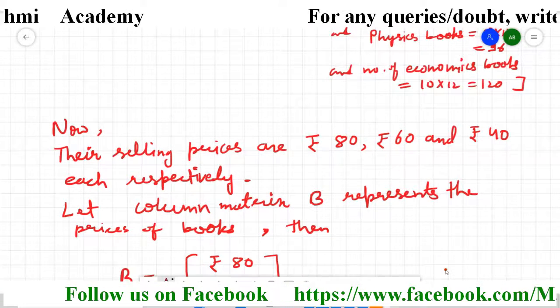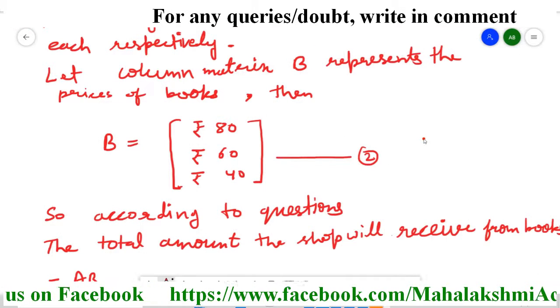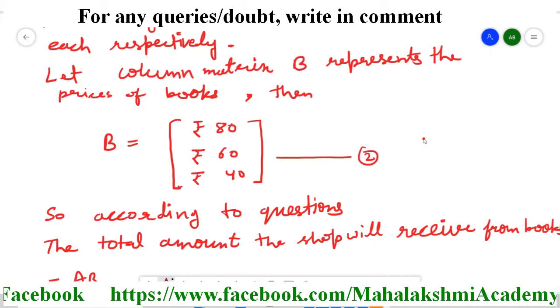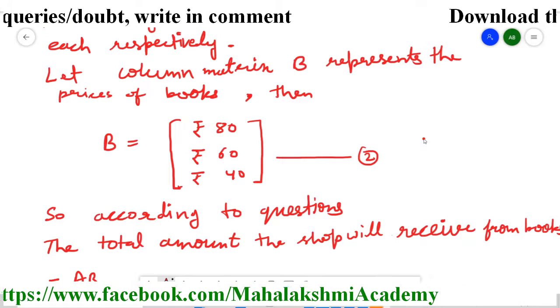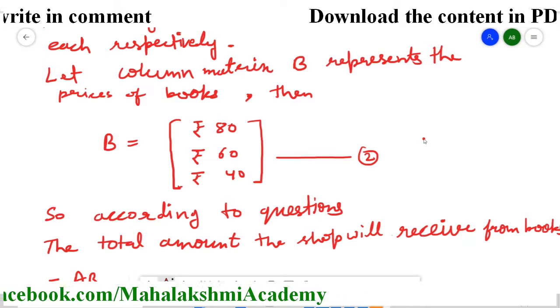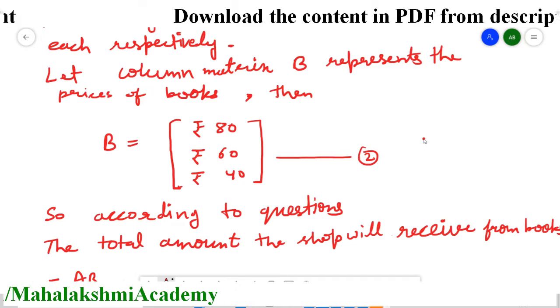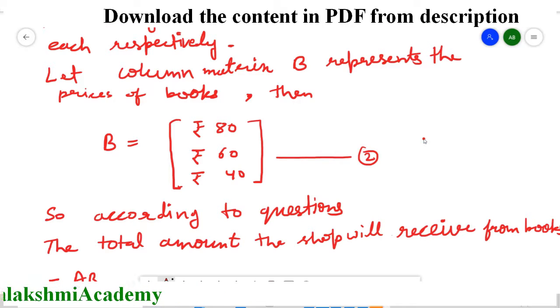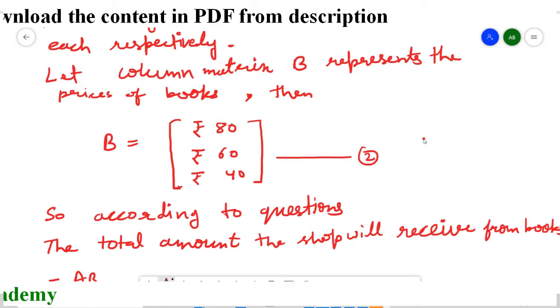In theoretical problems it goes like this: if you have two quantities, and one quantity you represent by a row matrix, then the other quantity you must represent by a column matrix. And what is a row matrix and what is a column matrix, you are already familiar with. A row matrix is one in which only one row is present. A column matrix is one in which a single column is present.